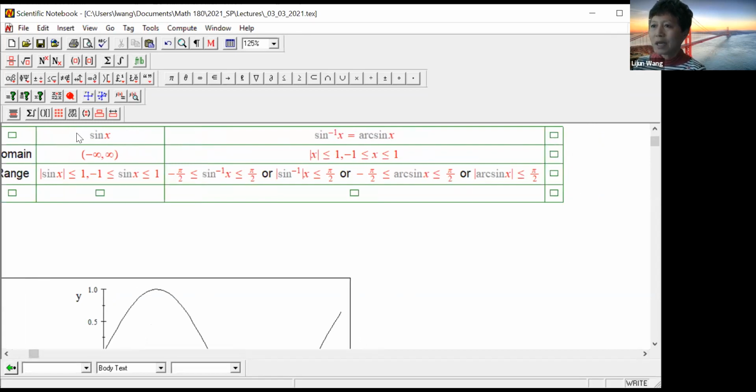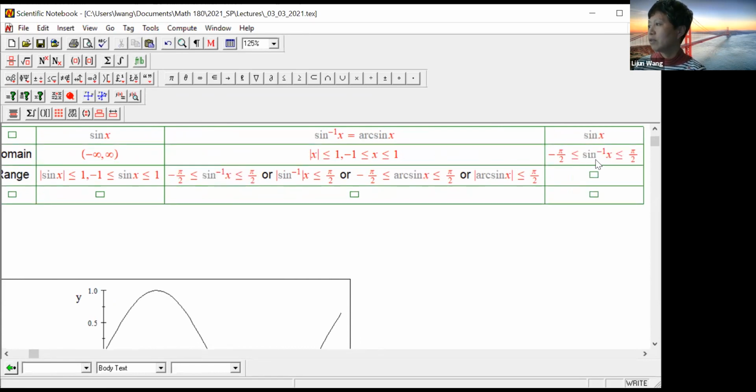The sine we talked about today is rarely mentioned. This sine has a specific domain and the same range.